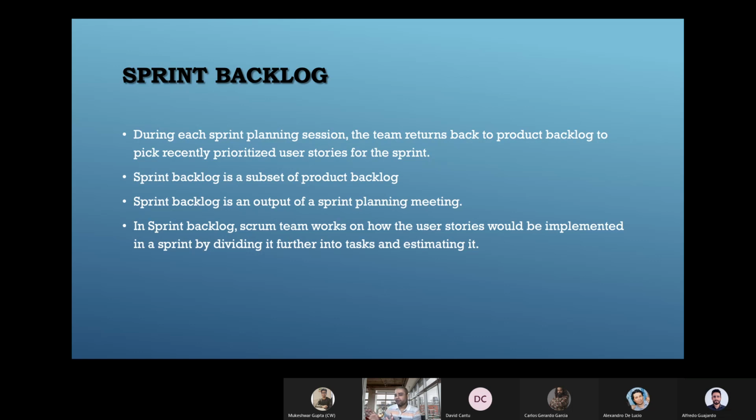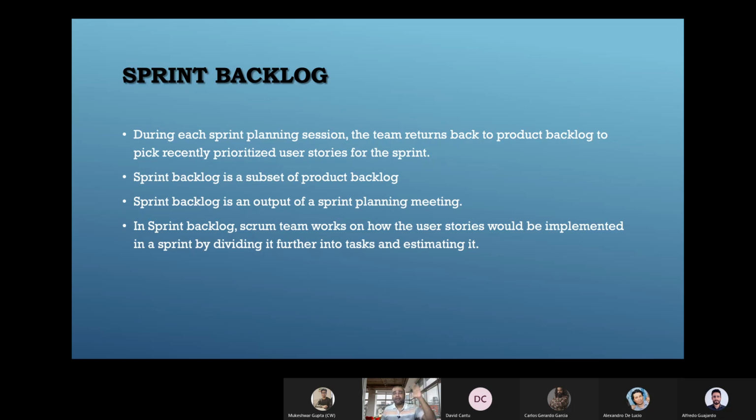The second part is more on detailing all the user stories, breaking them down into further tasks so that we can do better story pointing and better estimates.